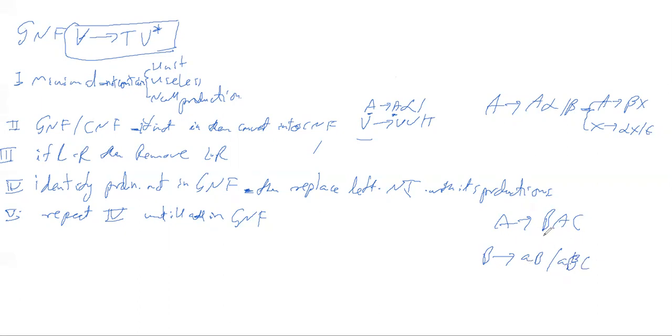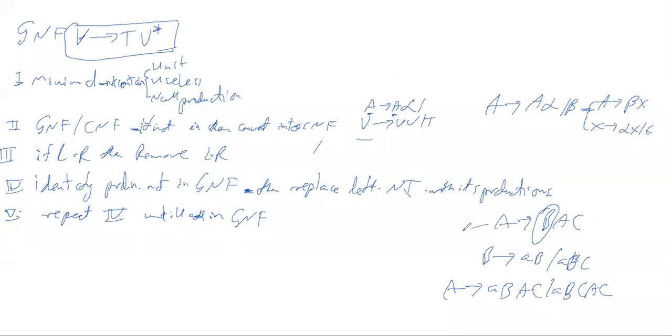Then what you need to do? To convert this grammar into GNF, this leftmost non-terminal, that is B, we have to replace with its production. So A implies, instead of B, I write the production rule of B, that is AB, then ABC, then the rest of the thing you write like this.